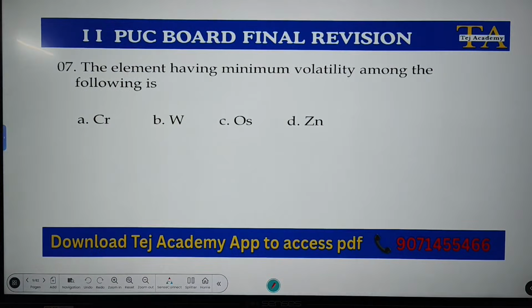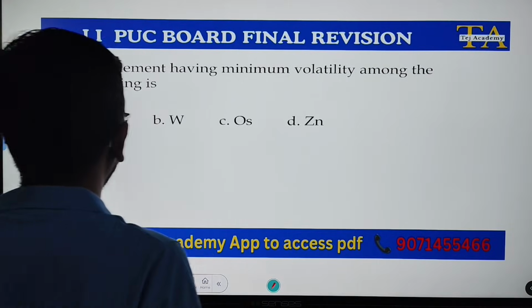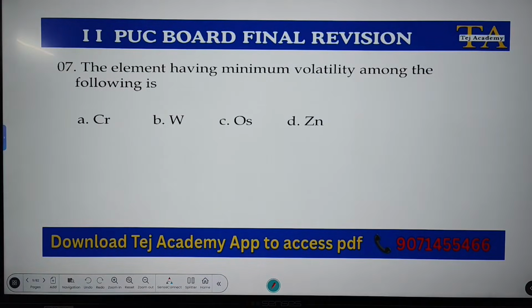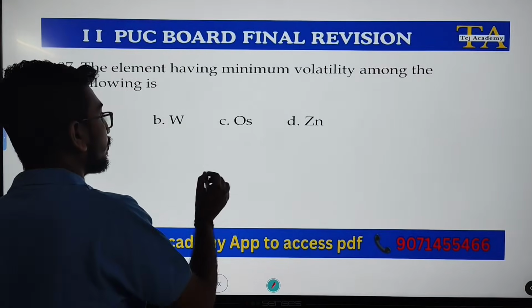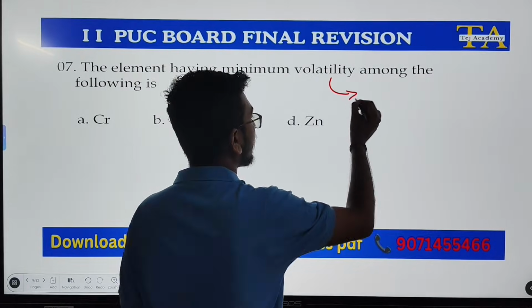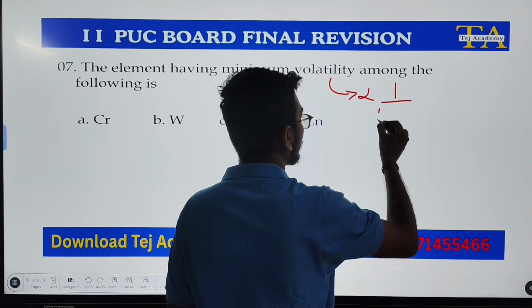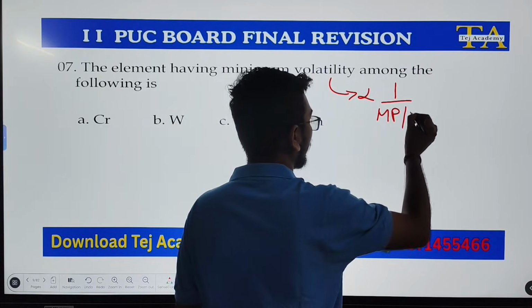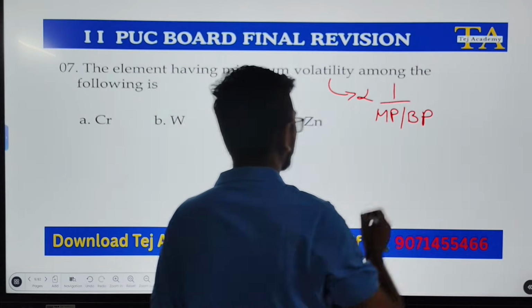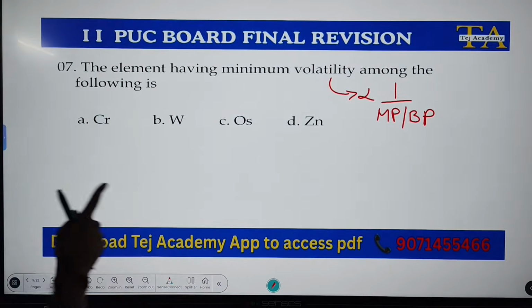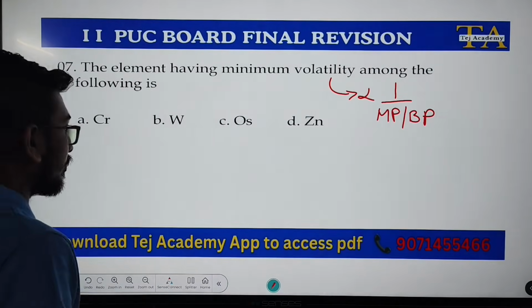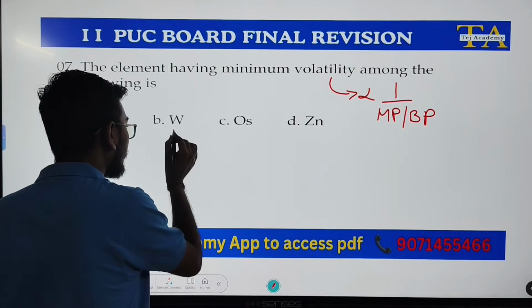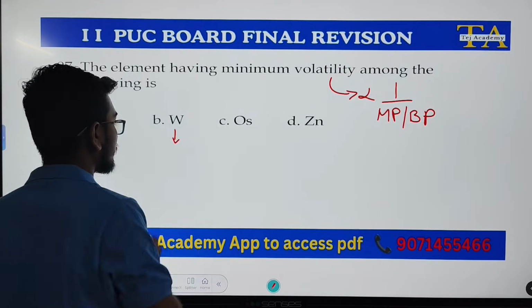Now seventh one, the element having minimum volatility among the following. One point you remember, volatility is inversely proportional to melting point or boiling point. So among these, which one will have the highest melting point or boiling point? According to the textbook, we'll have tungsten.